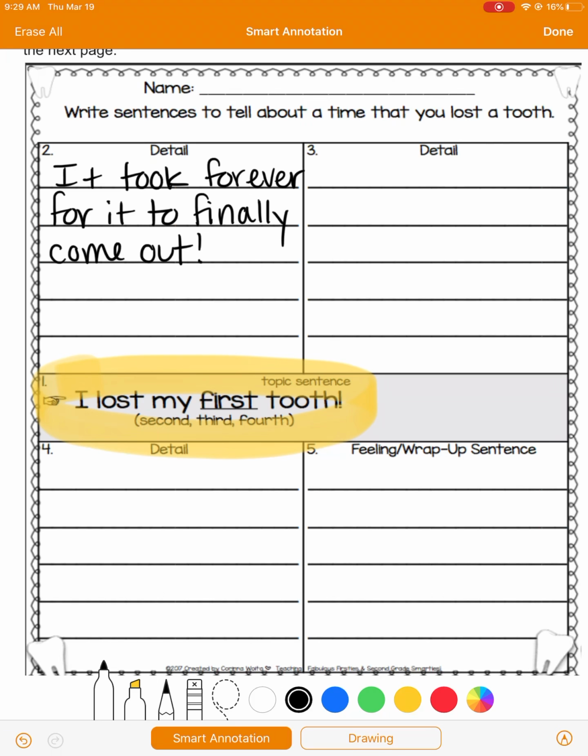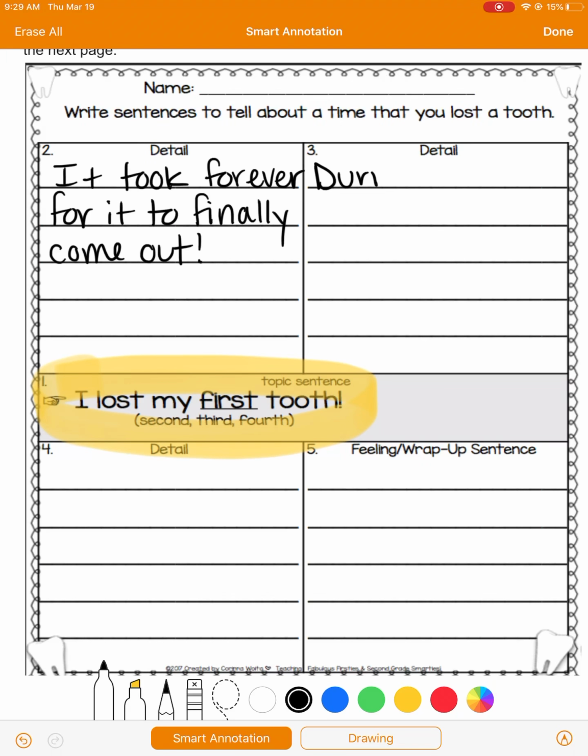Now we told the reader the problem. We can dazzle that up in just a second, but the third square is about how we solved the problem. So, it took forever for it to finally come out.